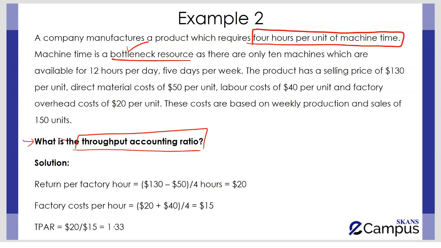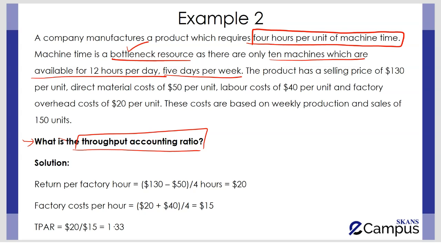So you can follow the steps we covered in the last recording while evaluating or finding out what is the bottleneck process in a service industry. So that's the same concept we are going to use. So machine time is a bottleneck resource as there are only 10 machines which are available for 12 hours per day, 5 days per week.